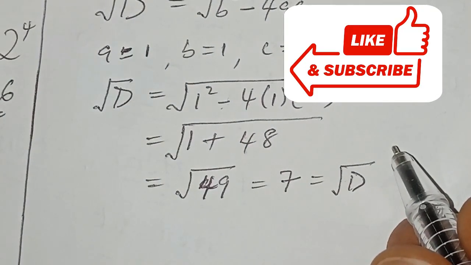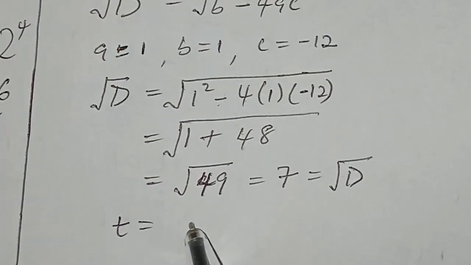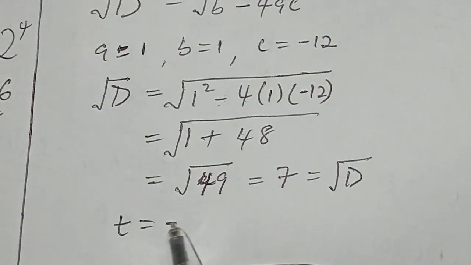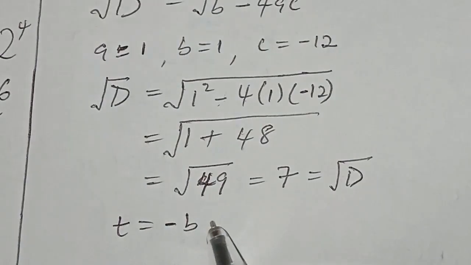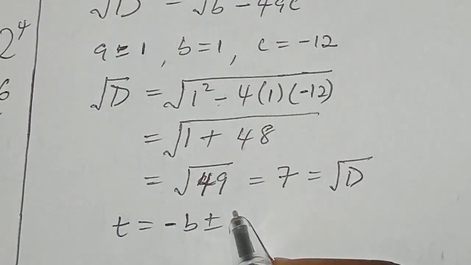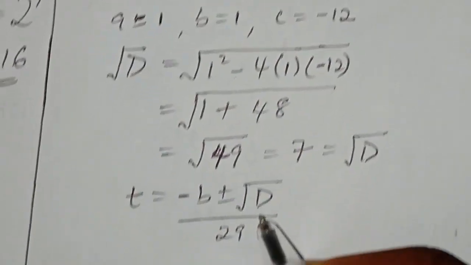So here we can say that t will be equal to minus b plus or minus the square root of d over 2a.